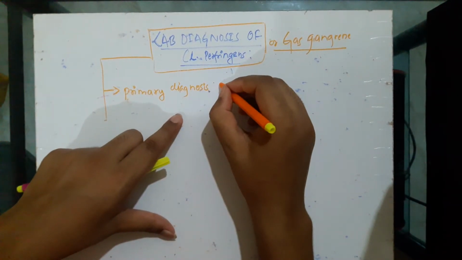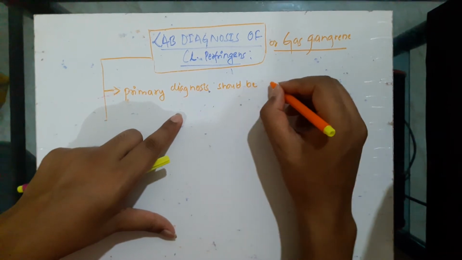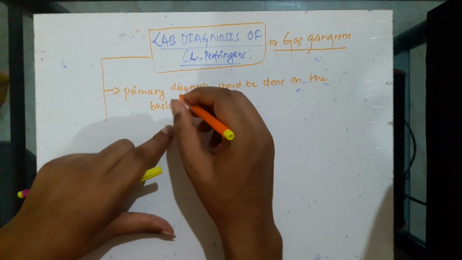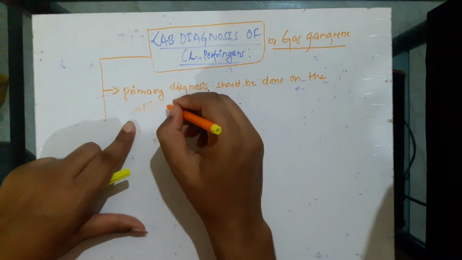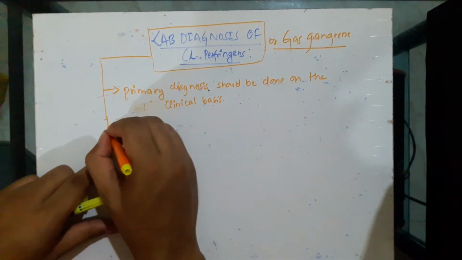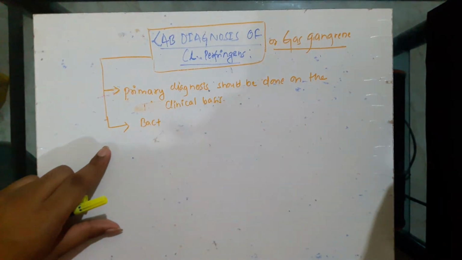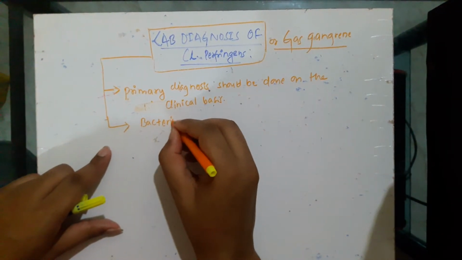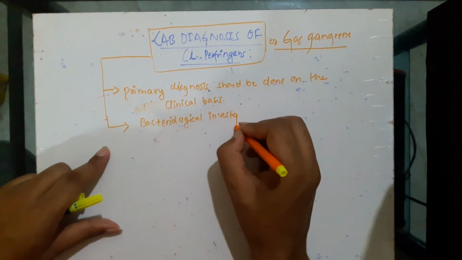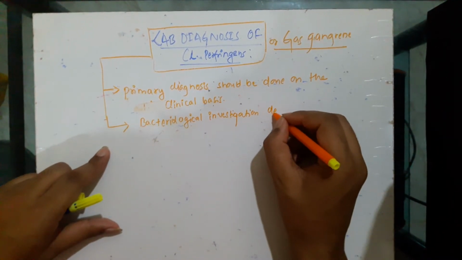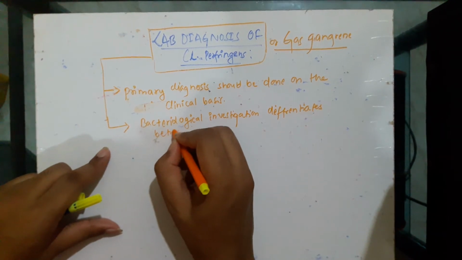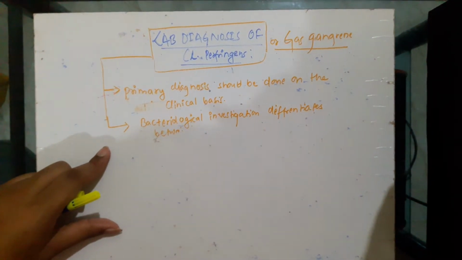Primary diagnosis should be done on clinical basis, and bacteriological investigation differentiates between anaerobic streptococcal myocystis and gas gangrene.